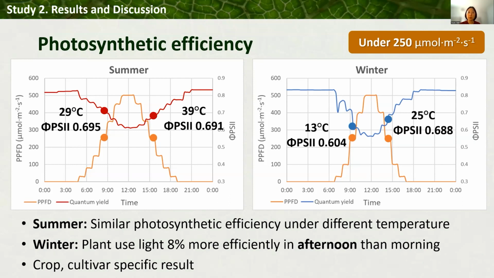In the morning, plants are using the supplemental lighting that I provide with less efficiency. So we will prefer to provide more supplemental lighting in the afternoon instead of morning, and vice versa in summer. If you are trying to grow heat sensitive plants, then we also have to consider the temperature and light intensity combinations.